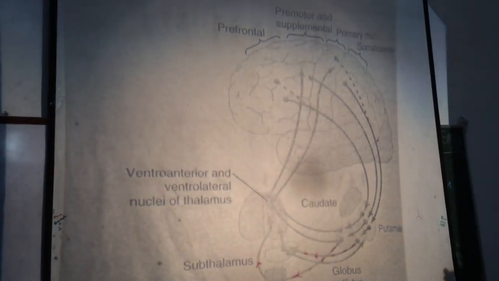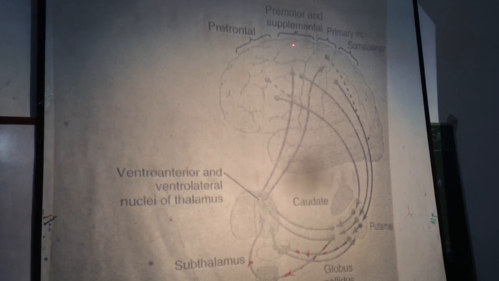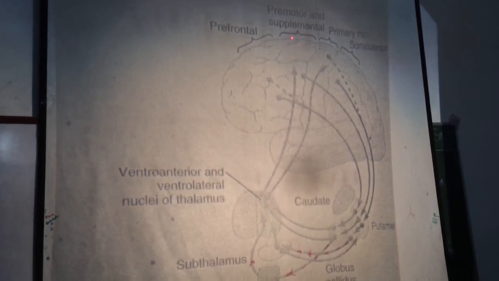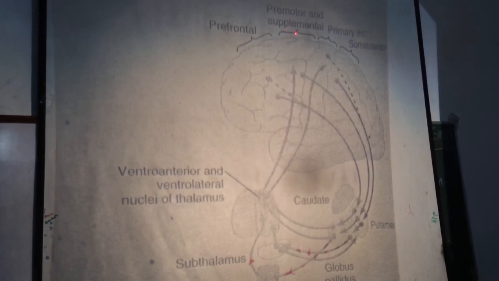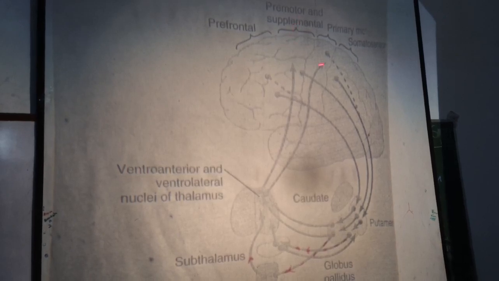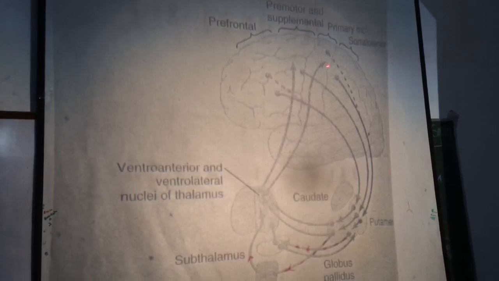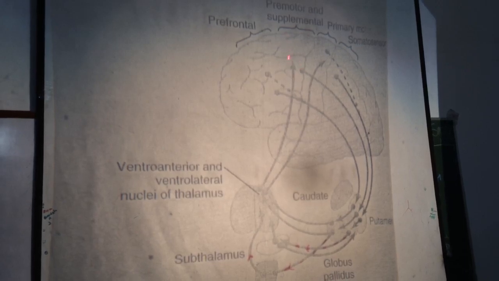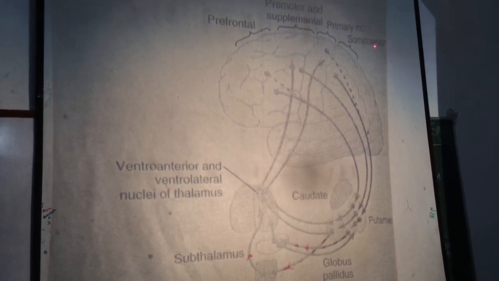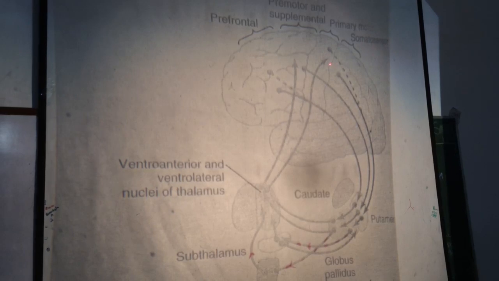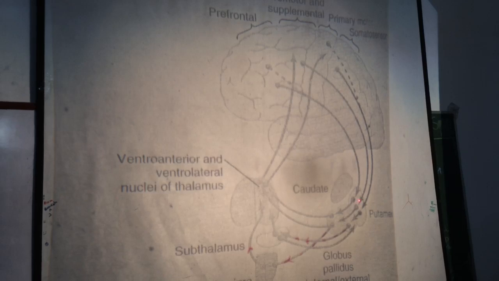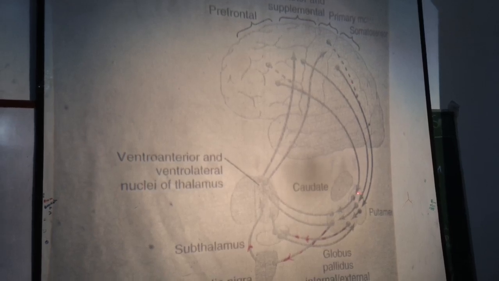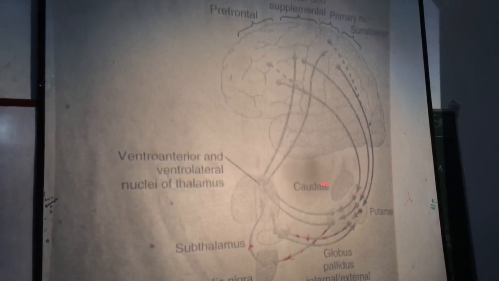Nerve fibers arise from the premotor and supplementary motor area, and also the somatosensory area, and go to the putamen, bypassing the caudate.